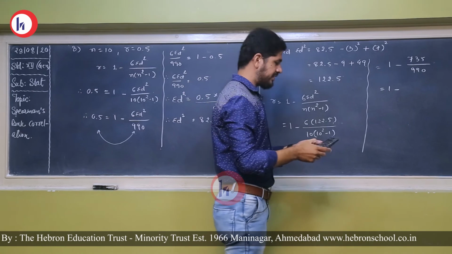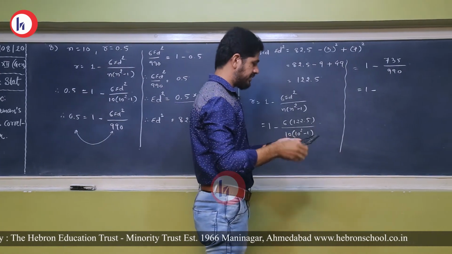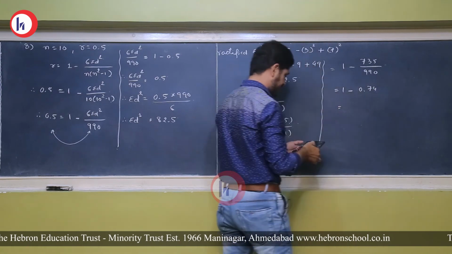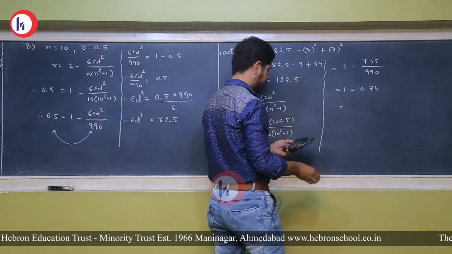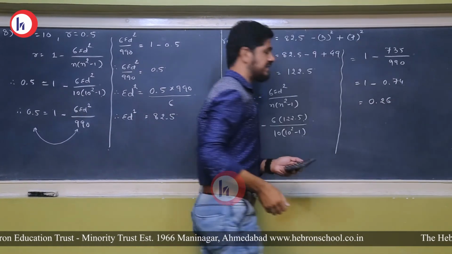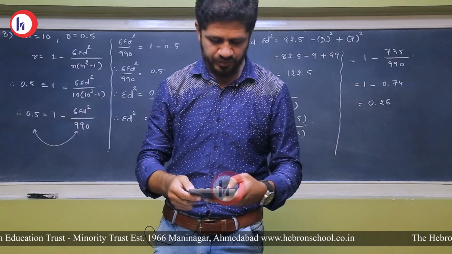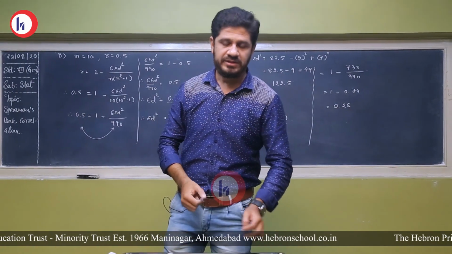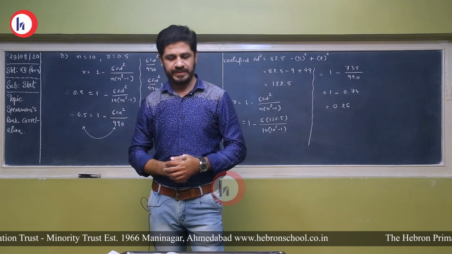So 735 divided by 990 will get 0.74, and the final answer is 0.26. So students, hope you enjoyed the lecture and understood all the concepts that we discussed today. Thank you.